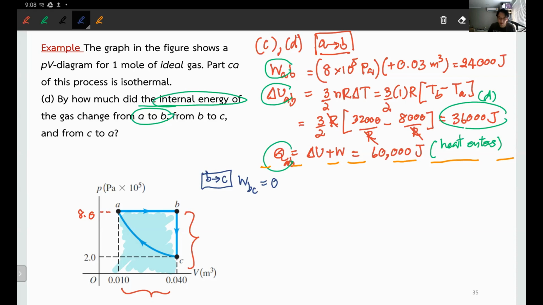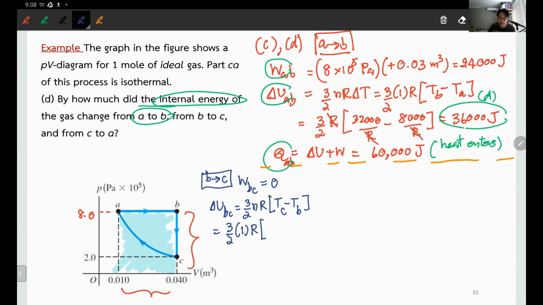What else can we calculate? Once again, we know the temperature at all points. So the change of internal energy can be done as well. It's going to be, once again, 3/2 nR times T at C minus T at B. Final point minus initial point. And once again, 3/2, N is 1, R is there.